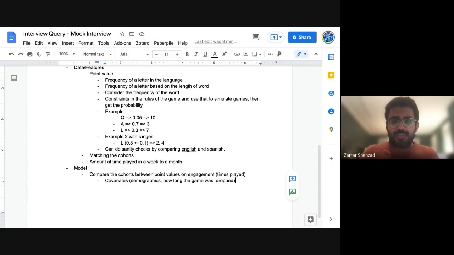If we do that, then they're all trying to predict the engagement, which could be time between games. And because each game is separate, you could do a hierarchical model where you consider the variance for each cohort as a separate thing, and you build a hierarchy. So it's a regression model, but a hierarchical regression model.